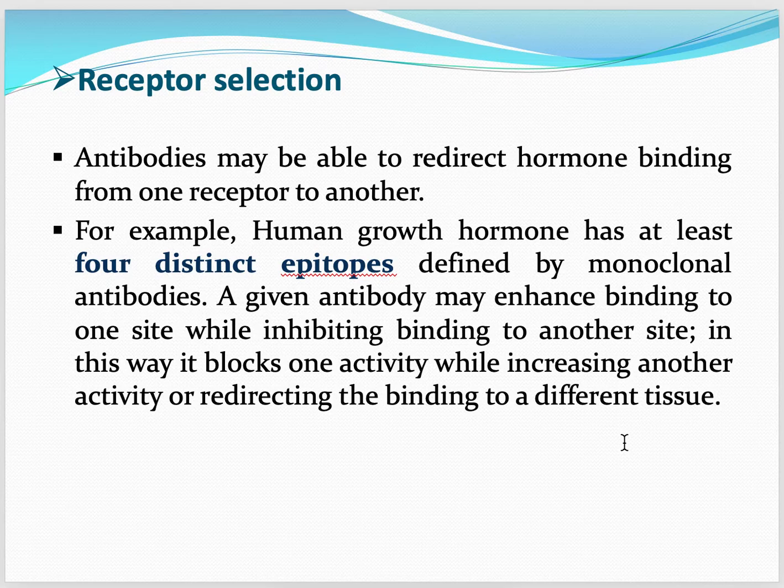The antibodies which activate this hormone by receptor selection can select some receptors. Say it has four receptors, the antibody will bind with two receptors and inactivate them, and thus the other two will get more activated. That means their activity will be enhanced.